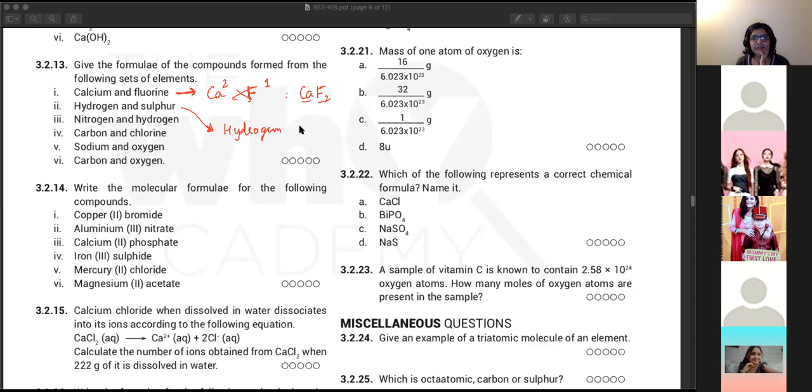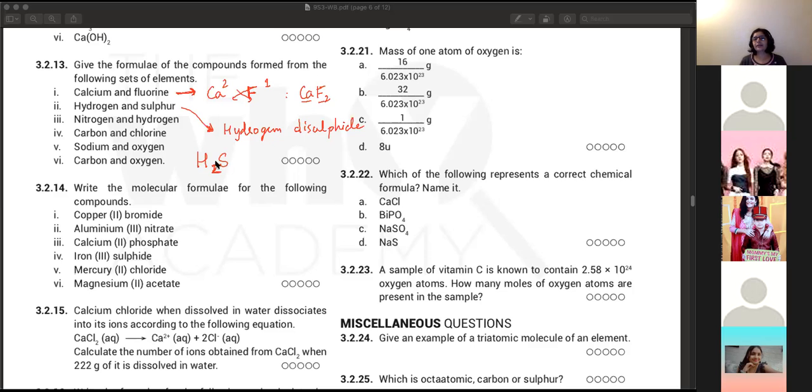You can also call it hydrogen disulfide. What will be its formula? H2S. H2S is correct. Where should I write the 2, below or above? Below. Sure? Yeah, cool. As long as you are clear about this.